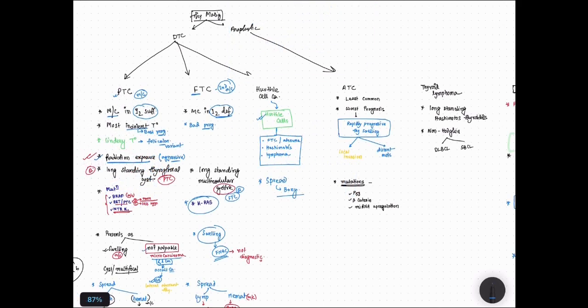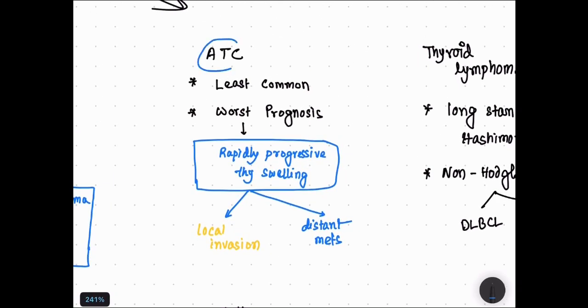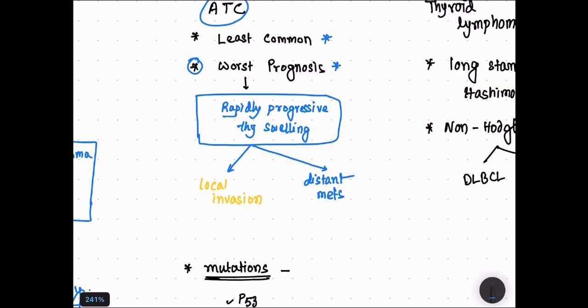Next is anaplastic thyroid carcinoma, which is the least common variety and also has the worst prognosis. Now why does it have the worst prognosis? Because the cancer is going to progress rapidly.